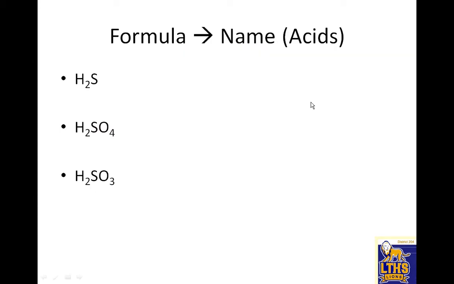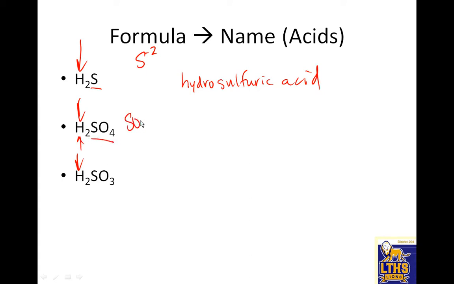All right, so here we have some formulas. So let's name them. How do I know these are acids? Hello, hello, hello. Hydrogen, acids start with hydrogen. S is from sulfide. So I'd use hydrosulfuric acid. Okay. Hello, I'm an acid. I start with hydrogen. It comes from sulfate. So I ate it.